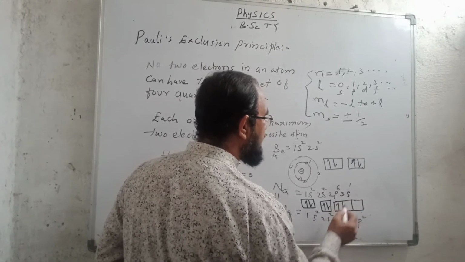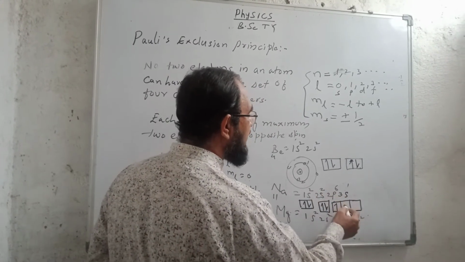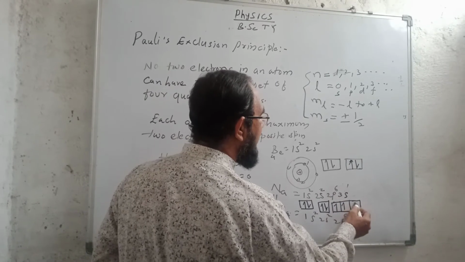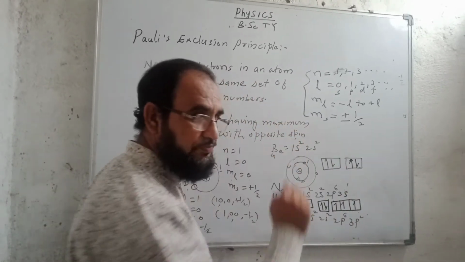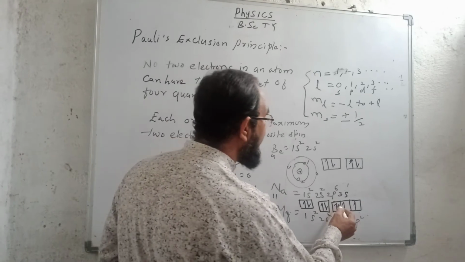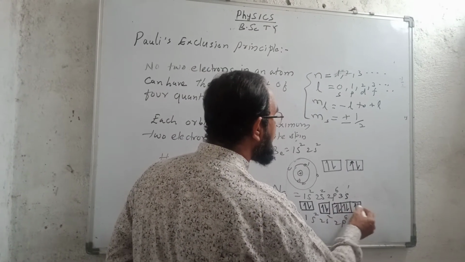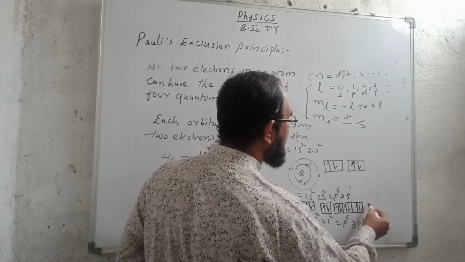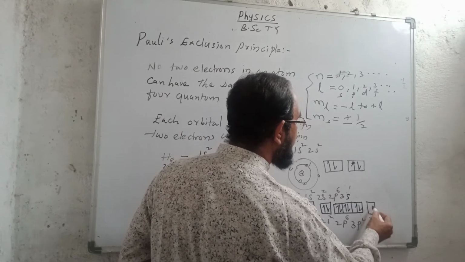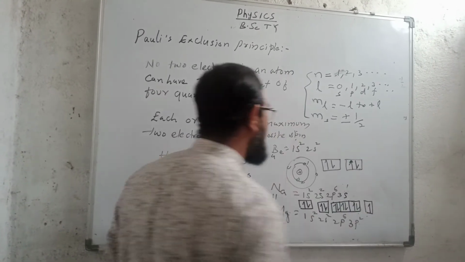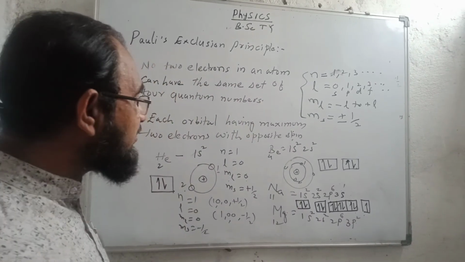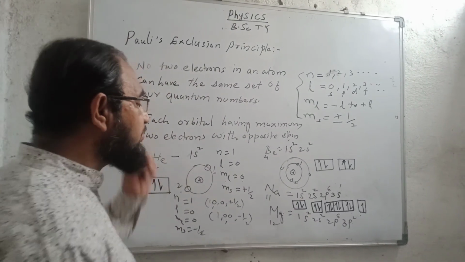Now see the distribution. 5th electron, 6th and 7th in this way. Then 8th electron, 9th and 10th. Then 3s1. For 3s1 I will draw here the pattern. So in this way we can explain the Pauli's exclusion principle.